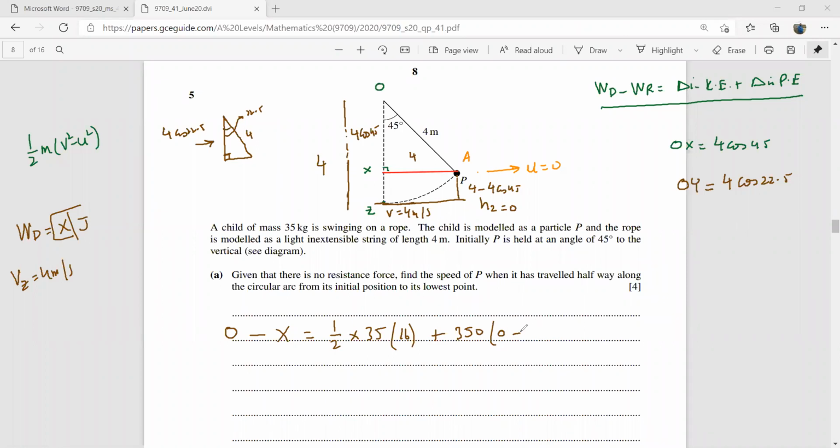So this is going to be minus 4 plus 4 cos 45. So guys, please solve this equation. This is going to be minus x, that is 8 into 35, and if you simplify this, plus 350 into whatever you have here, you should have the answer.